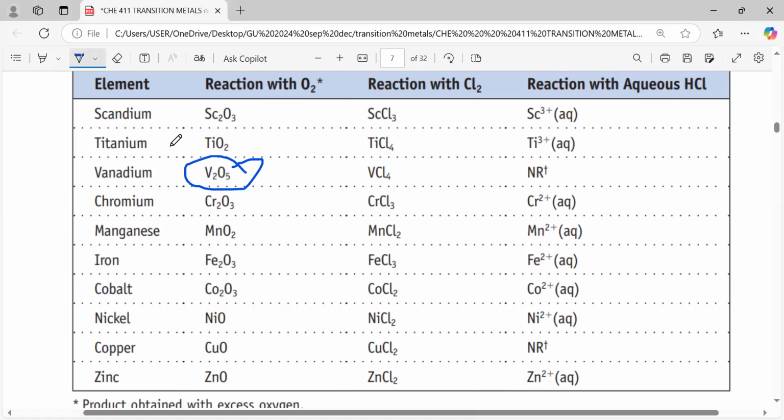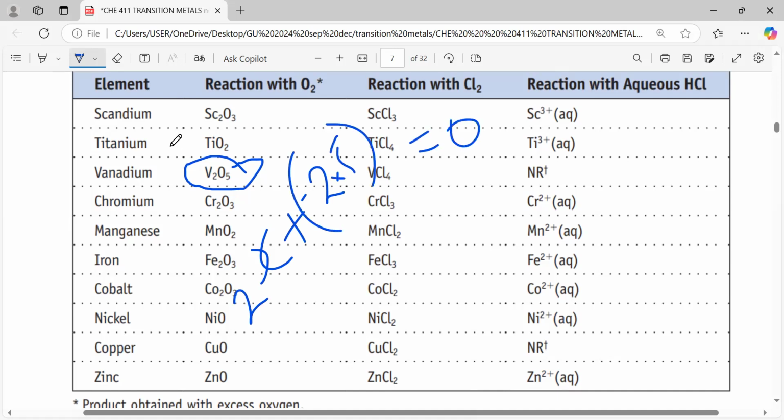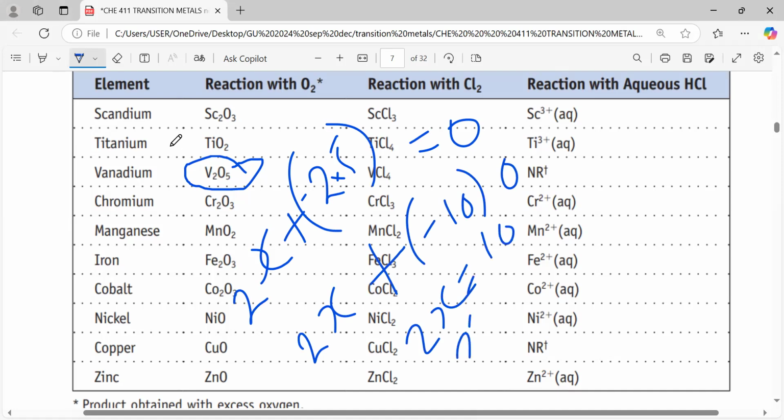If we do our calculations, we don't know vanadium, so we call it X. 2X plus minus 2 times 5 should give us 0. So 2X minus 10 equals 0. 2X equals 10. X equals 5. So the oxidation state of vanadium there is positive 5.